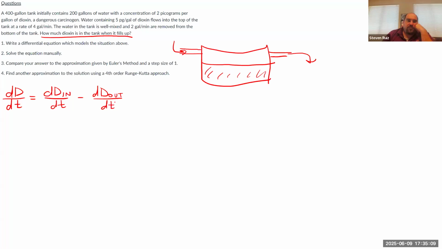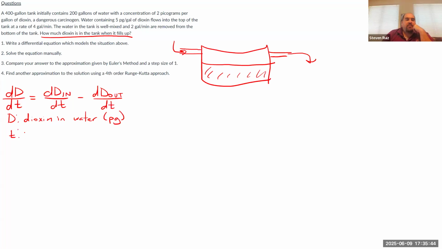Actually, before we do that, let's talk about what units dD/dt should be expressed in. D is the amount of dioxin. How am I measuring dioxin? I'm measuring D, that is dioxin in water, in picograms.